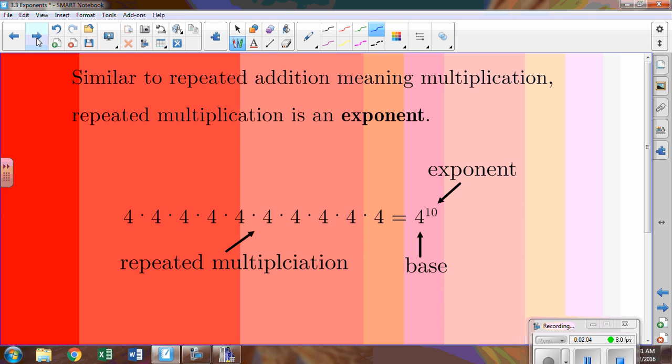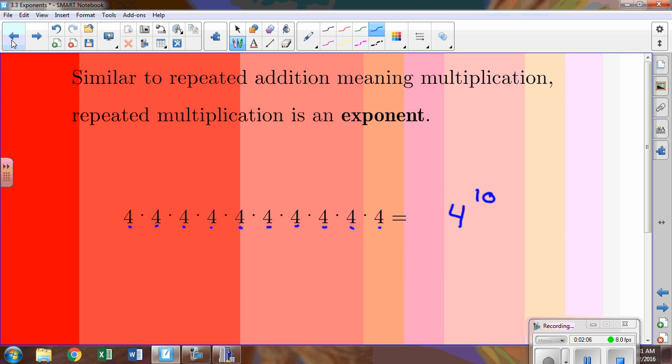One of the more common mistakes students have when they start working with these is that they'll treat 4 to the 10th power and they will say that the answer is 40. That 40 then is just taking 4 times 10, and that's not what this is. 4 times 10 is saying repeatedly add the numbers over and over and over, and that's not what we did.